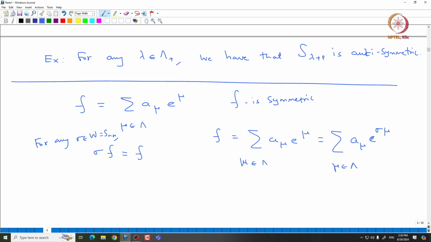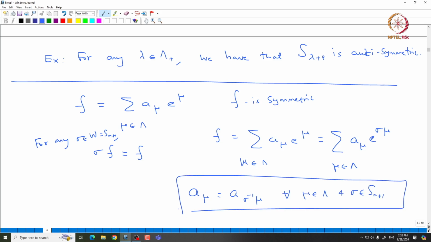Since the e power mu's form a basis, you have to compare the coefficients. Now if you compare the coefficients, you can see that a mu is the same as a sigma inverse mu for all mu in lambda and sigma in Sn plus 1. So, f being symmetric translates into the coefficients being the same on the orbit of mu. Okay. You fix mu and take the orbit of mu under the action of Sn plus 1, and all these coefficients a mu should be the same.